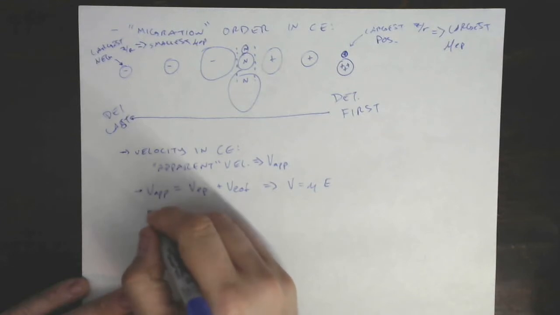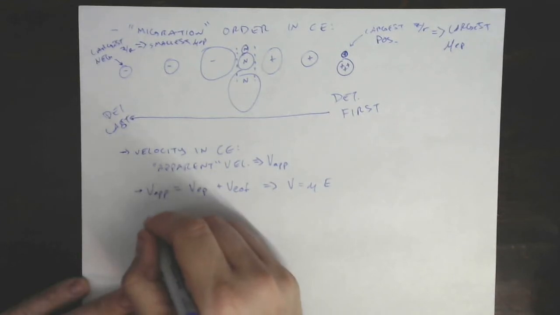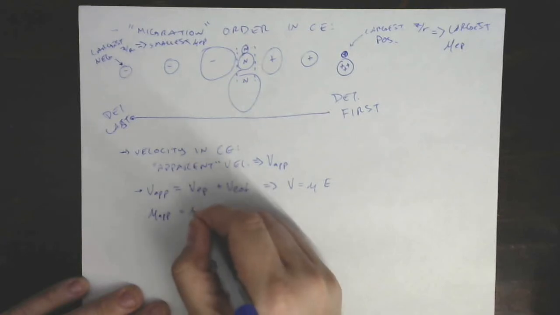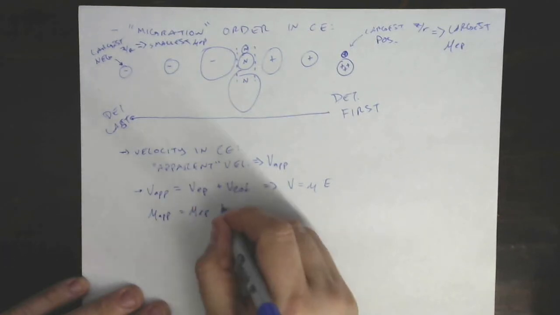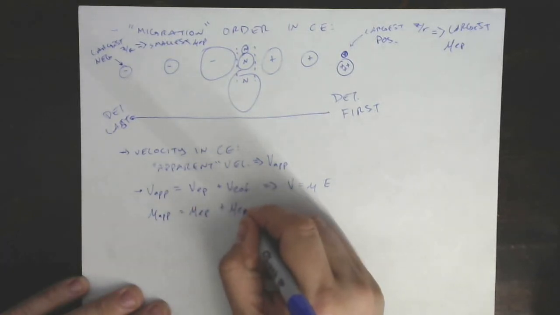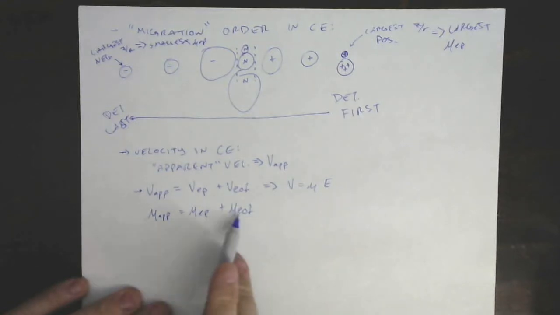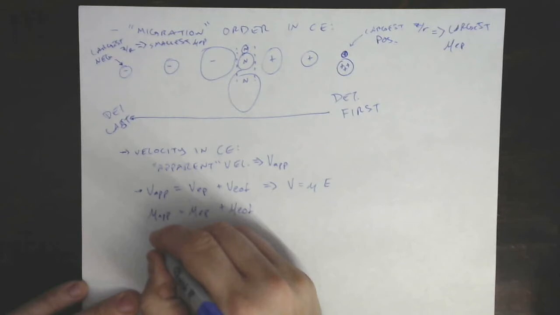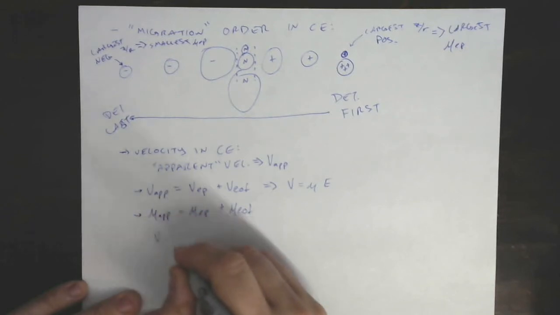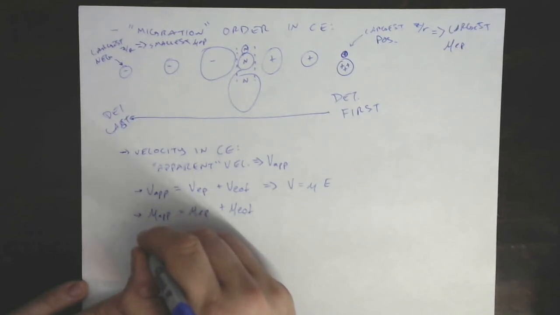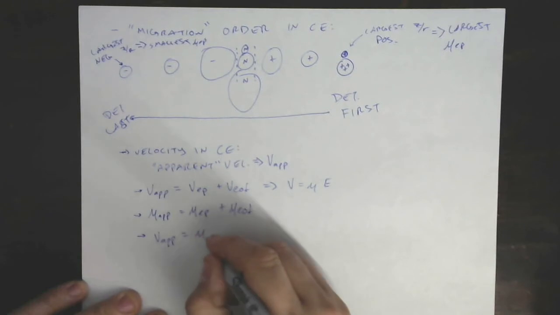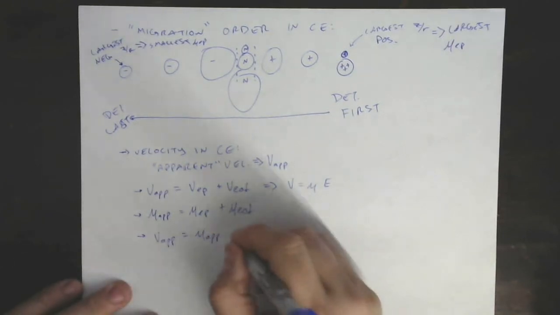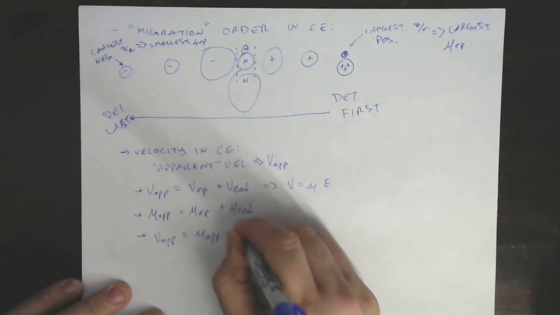Okay, so we can talk about, instead of apparent velocity, we can talk about apparent mobility. And that, very simply, is the electrophoretic mobility plus the EOF mobility. And these are terms that we talked about in the last lecture. And so we can say that the apparent velocity is equal to the apparent mobility times the applied electric field.